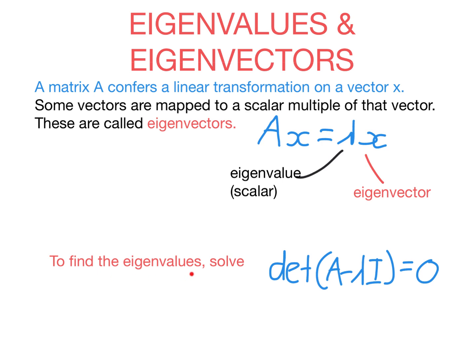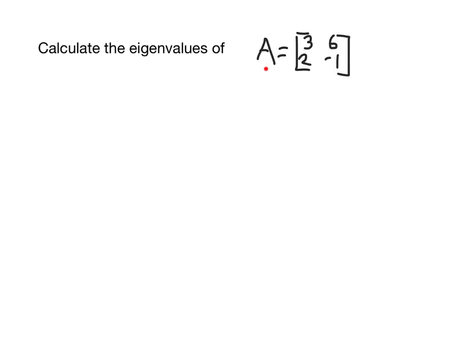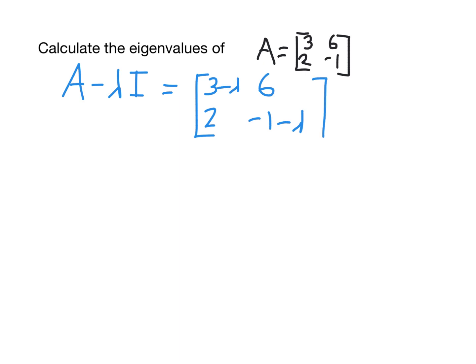So to find the eigenvalues of a matrix, you solve this equation: determinant of A minus lambda I equals 0. Let's look at an example. If I want to find the eigenvalues of this matrix A, I need to first write A minus lambda I. All that means is you take the matrix that we originally had, A, and you subtract lambda from each of the elements on the leading diagonal.